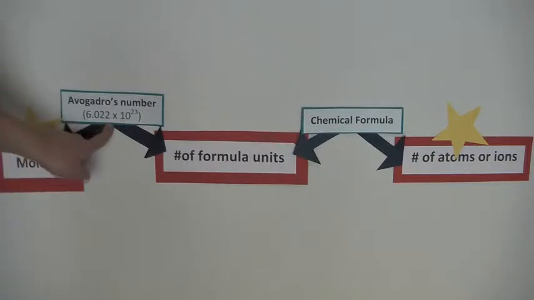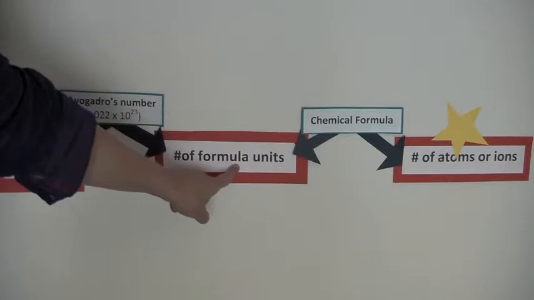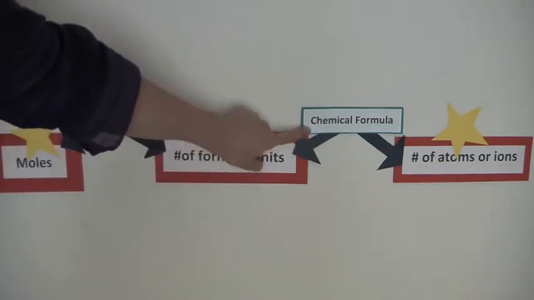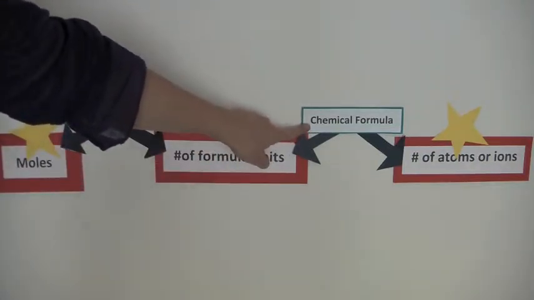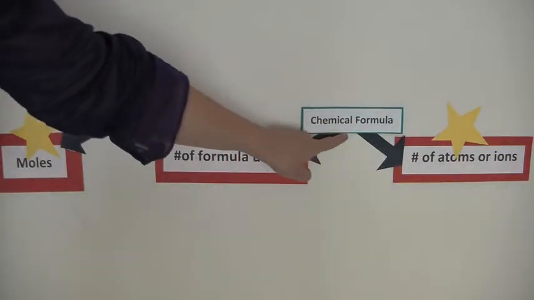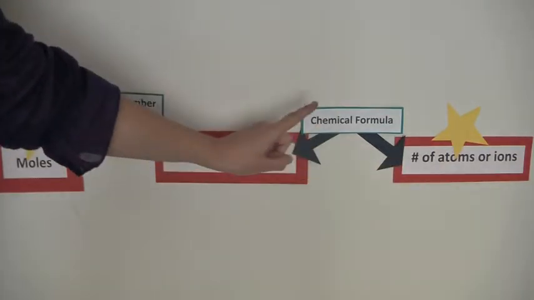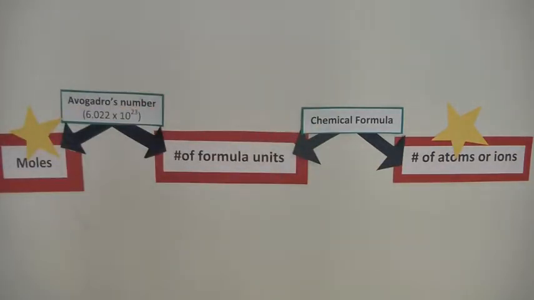We used our ratio. 1 mole of H2 has 6.022 times 10 to the 23rd molecules, or formula units, of H2. So that gives us formula units, or molecules. Then we must use the chemical formula of elemental hydrogen, which is H2. And we can use that ratio to give us the number of atoms. For every 1 molecule of H2, I have 2 hydrogen atoms.